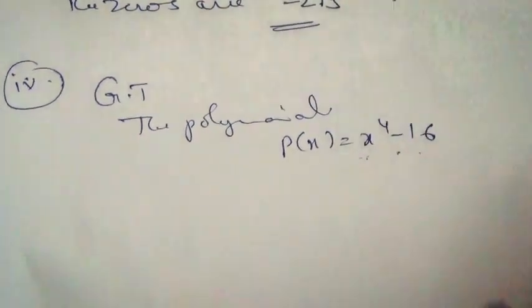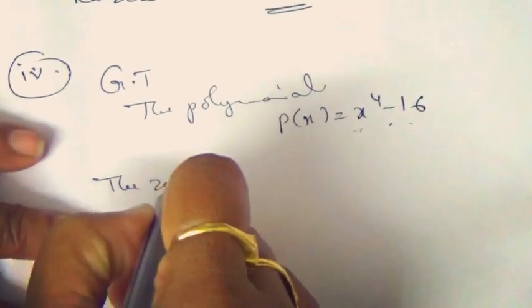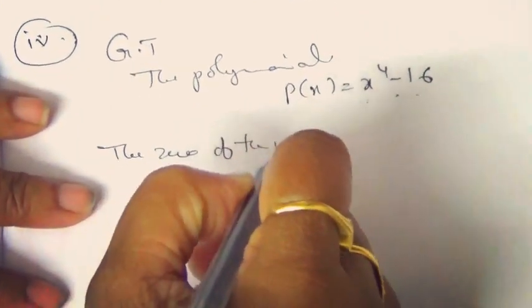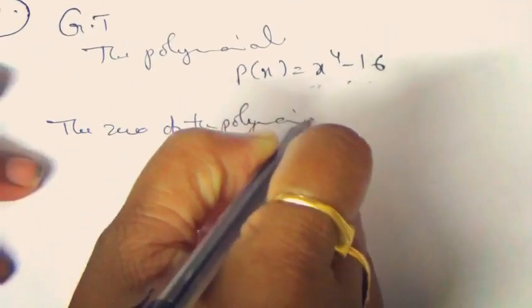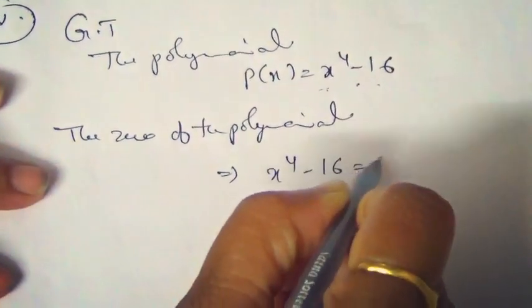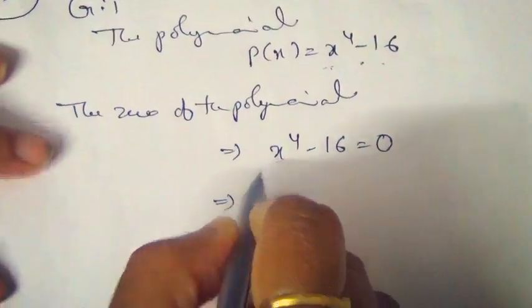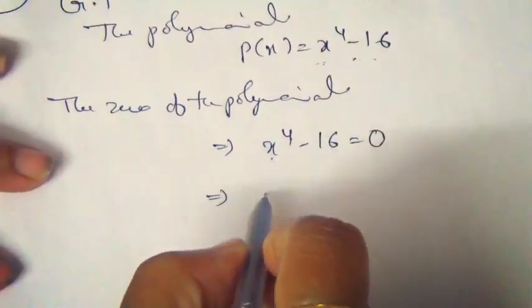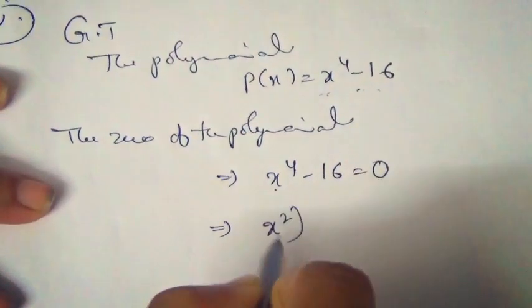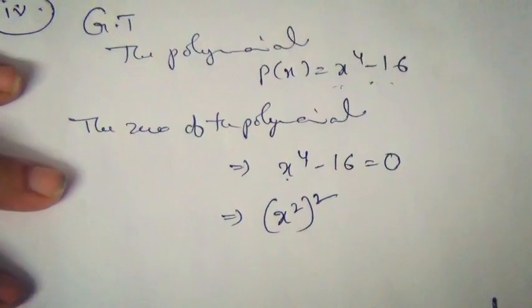In the simple technique, by using the zero of the polynomial, that implies x to the power of 4 minus 16 is equal to 0. That implies you just change this x to the power of 4 into x square whole to the power of square. Is it right?